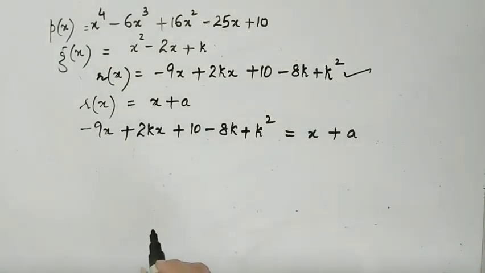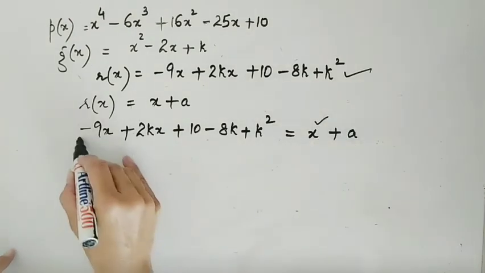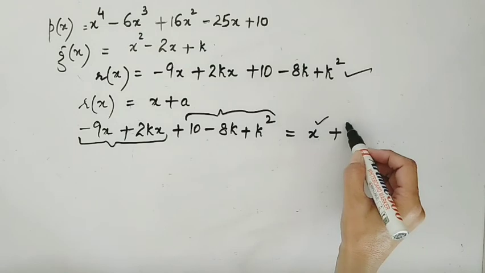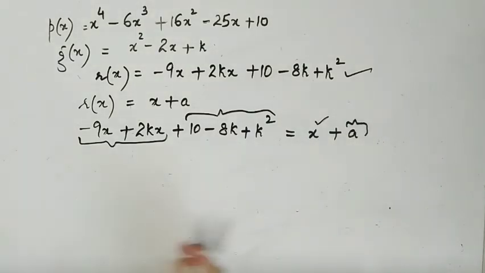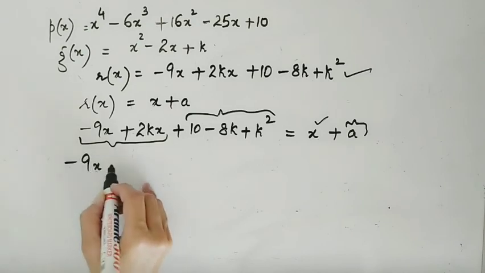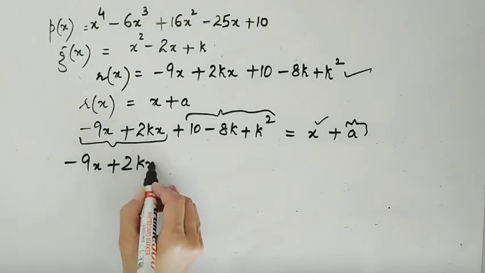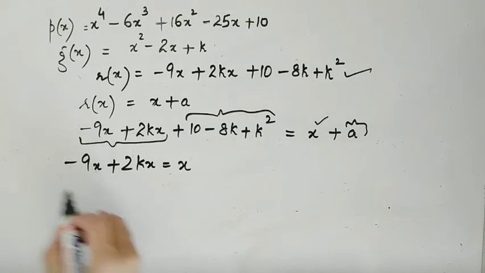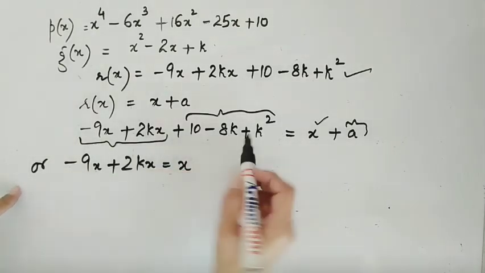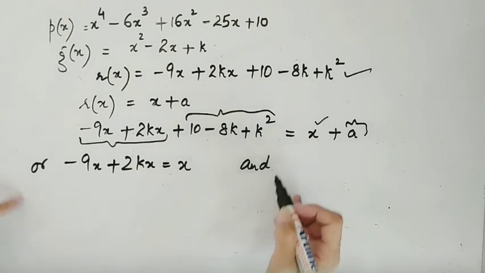Equate the terms containing the x variable and equate the constants separately. So put these terms together. So minus 9x plus 2kx must be equal to x. And constants must be equal.